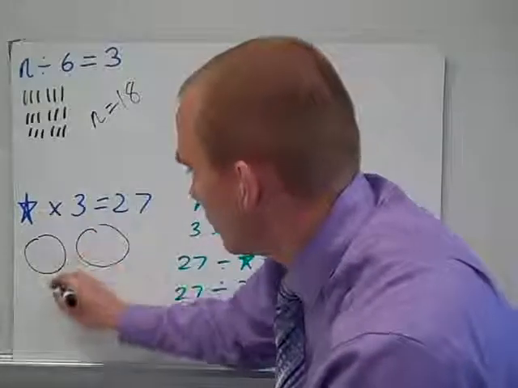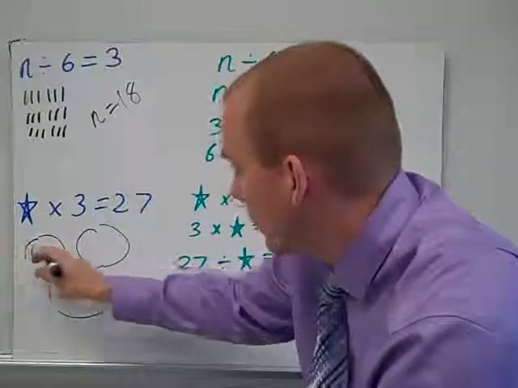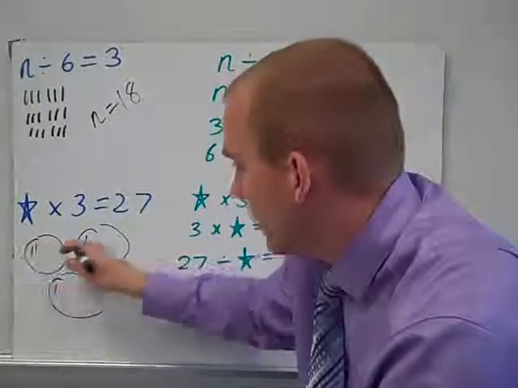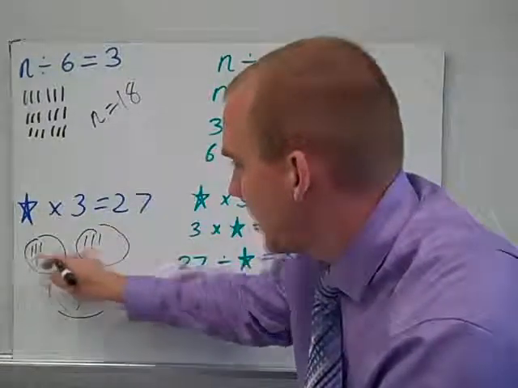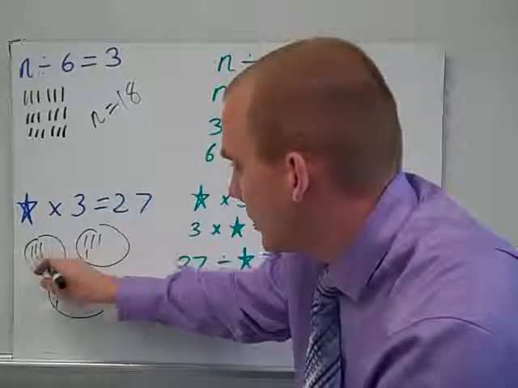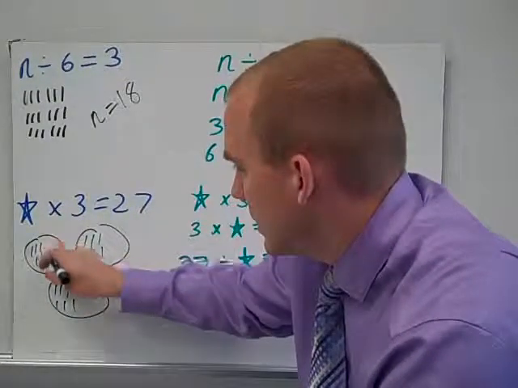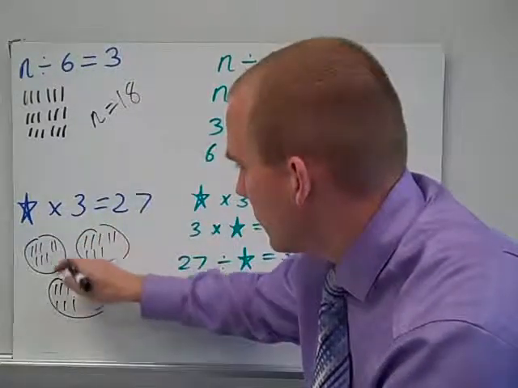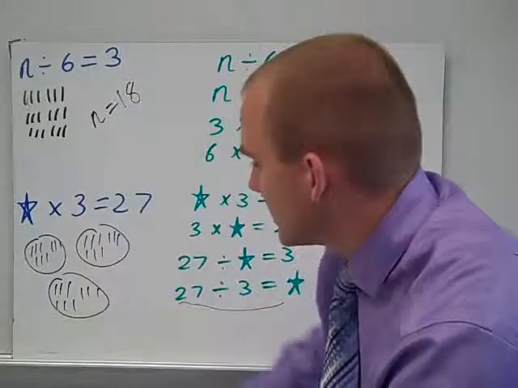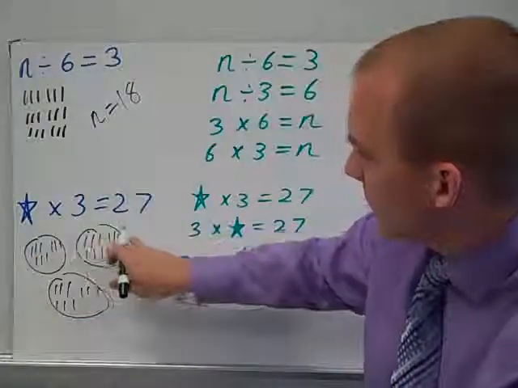1, 2, 3. Now we'll just count up the 27 equally. 1, 2, 3, 4, 5, 6, 7, 8, 9, and so on up to 27.